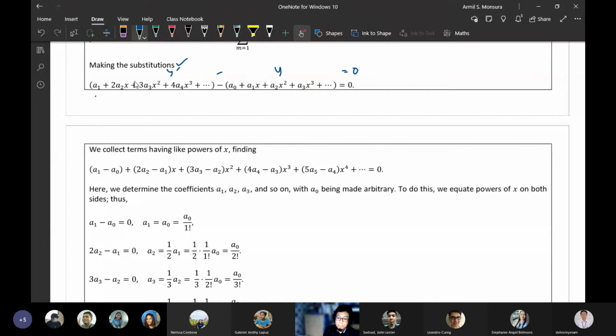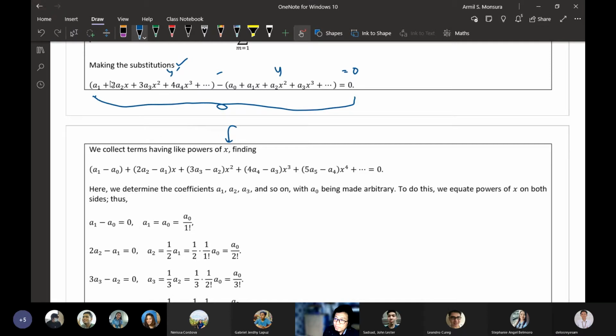Substitute, no? Okay. Now, after making the substitution, since you want to algebraically combine this entire thing, it would make sense that you combine those terms having like powers of x. So pagsasama-samahin nyo, you have to combine all those terms that will possess like powers of x.